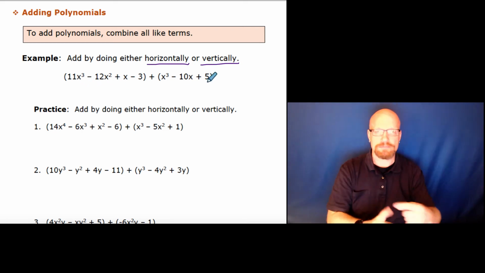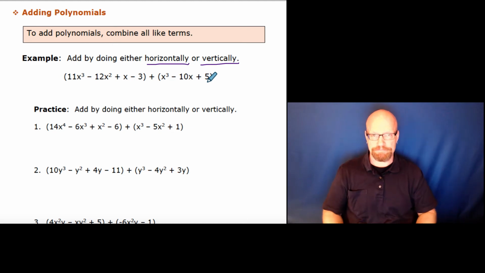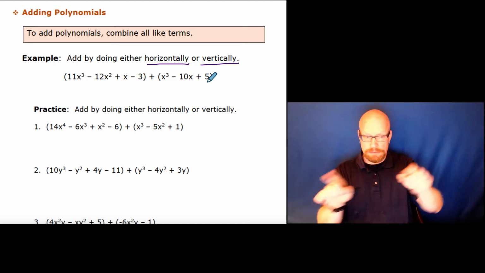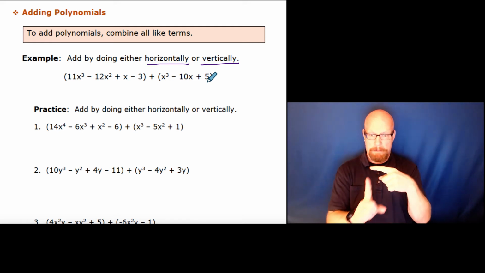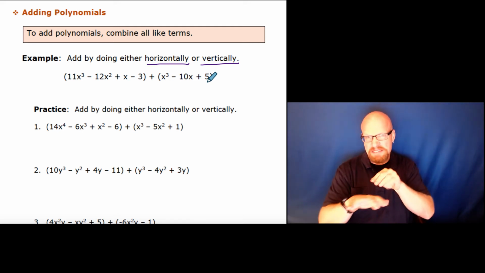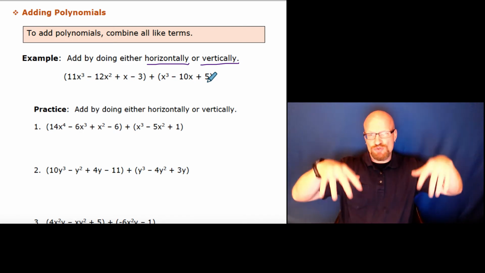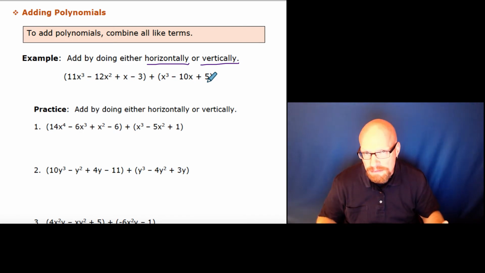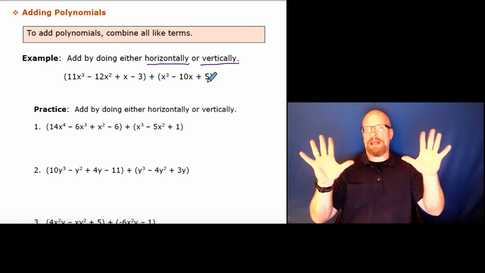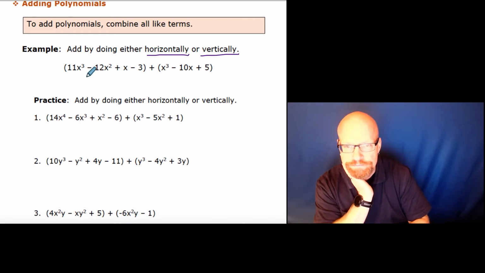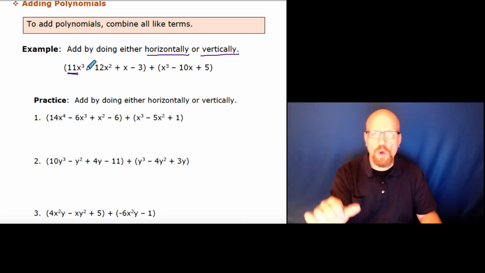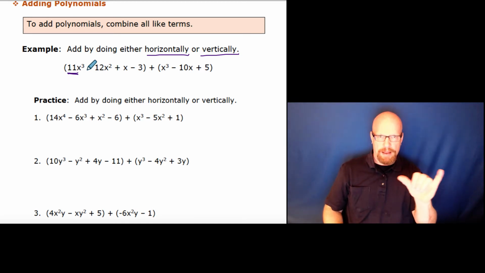You see the parentheses here and then the addition sign in the middle. Really, when you're adding two polynomials like this, you don't need the parentheses. You can drop them, but we'll keep them for now so it's clear what we're doing. Now we have 11x cubed.